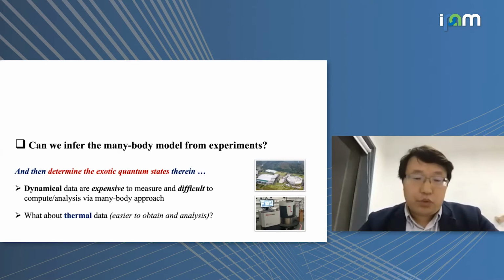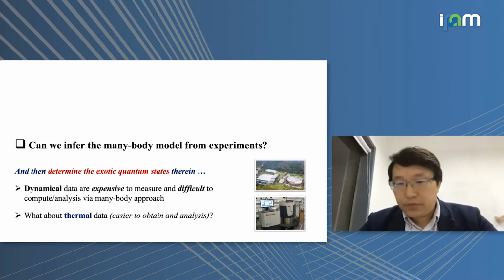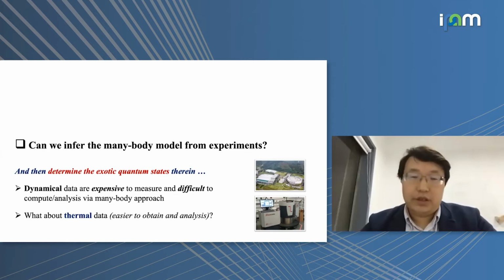Another important kind of data are thermal data, like ordinary measurements such as specific heat, magnetic susceptibility, magnetization curve, etc. And this kind of data can be relatively easy to obtain, right? It can be measured on the PPMS, MPMS, standard equipment in modern physics departments.